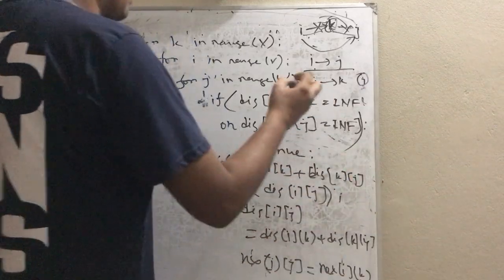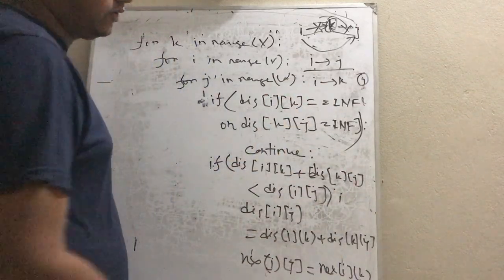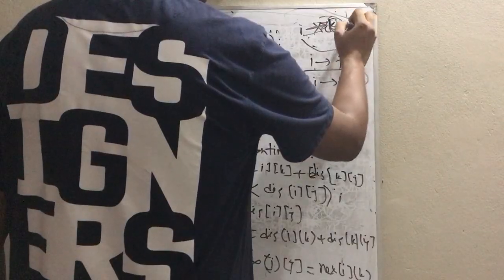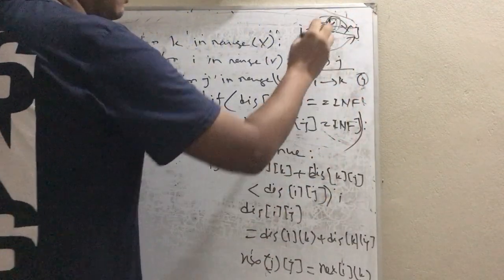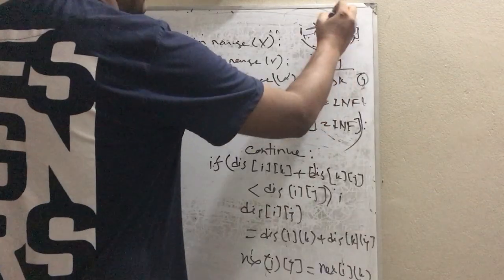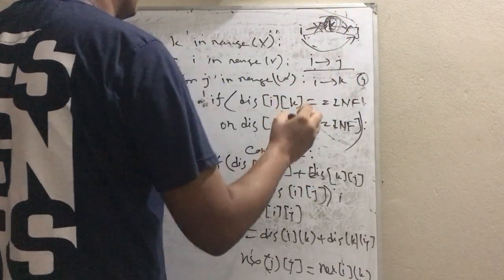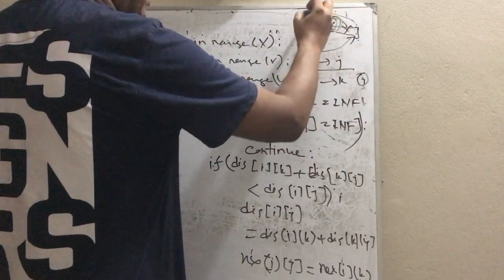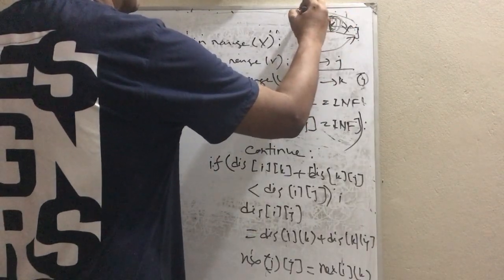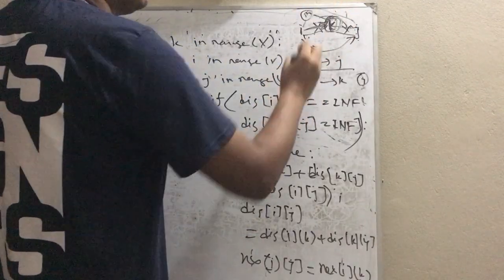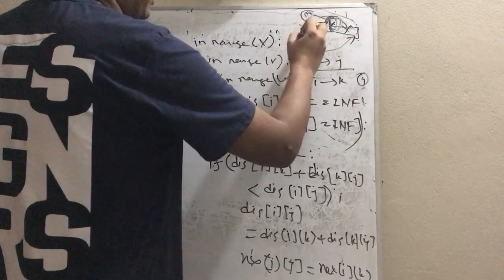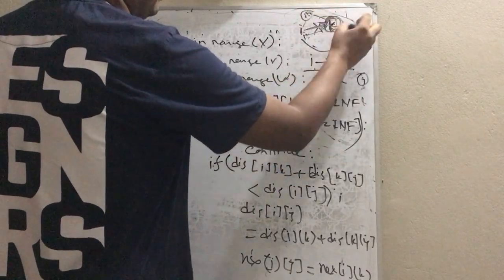Because this is a dynamic programming algorithm using the tabulation method. So i to k is shorter than traveling i to j. So if you take a route via k, it is shorter. But there may be a vertex m. So i to m, m to k is also shorter than i to k. Then we have to travel i, m, k, j.